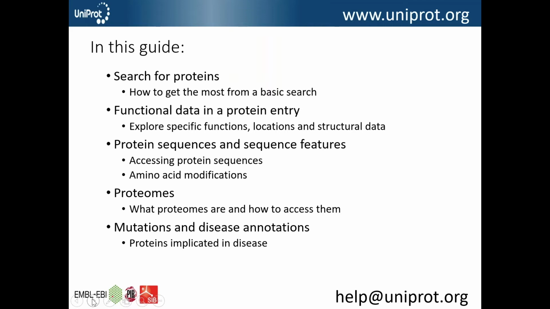I'll very briefly tell you about proteomes and how to access them. So a proteome is defined as the total number of proteins expressed by an organism. So I'll show you where you can find that information on our website, and I'll very briefly show you where you can find any mutations and disease annotations as well.